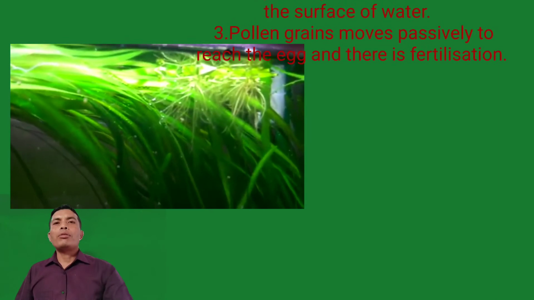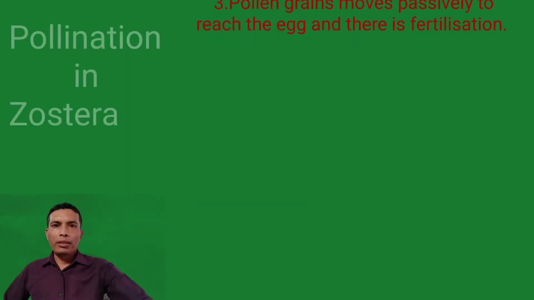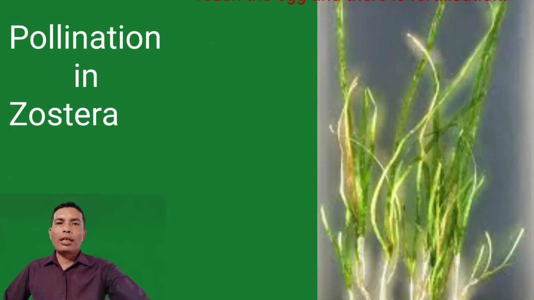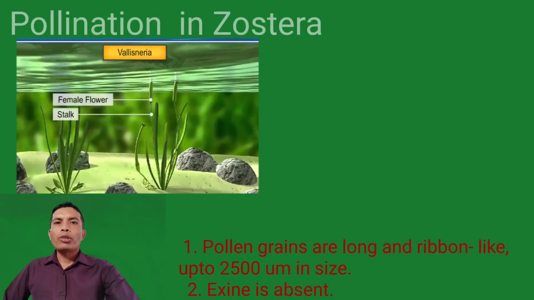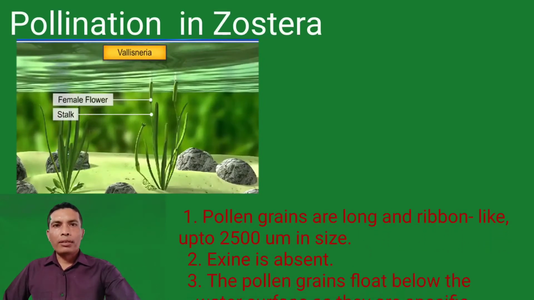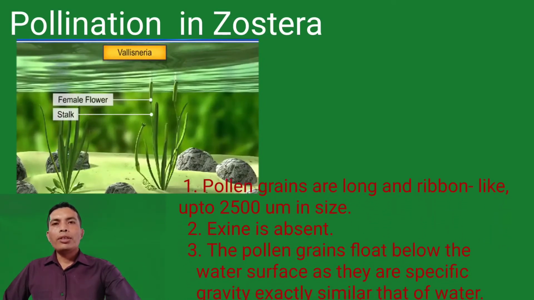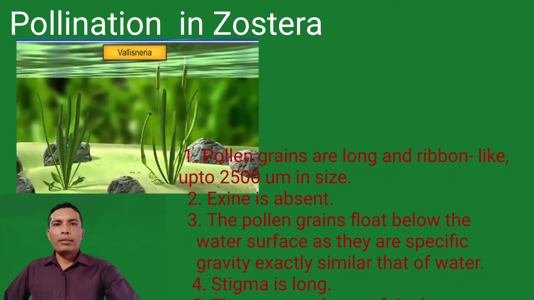So let us know how pollination takes place in Zostera or seagrass. Pollen grains are long and ribbon-like, up to 2000 to 2500 micrometer in size. In such pollen grains, exine is absent.